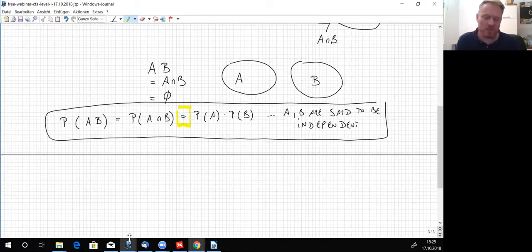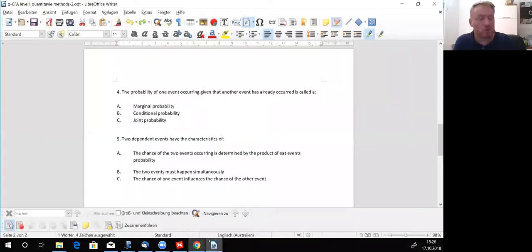The definition says the probability of the two events occurring at the same time is given by the product of the single probabilities of the single events. Yes. So answer A would be true if we were talking about two independent events. So answer A is wrong as well.